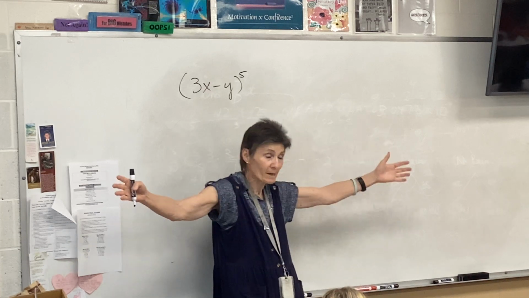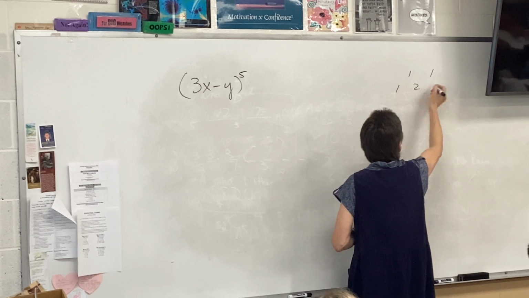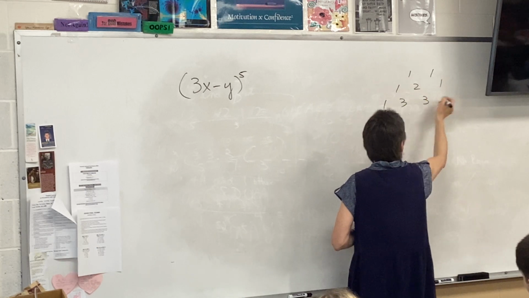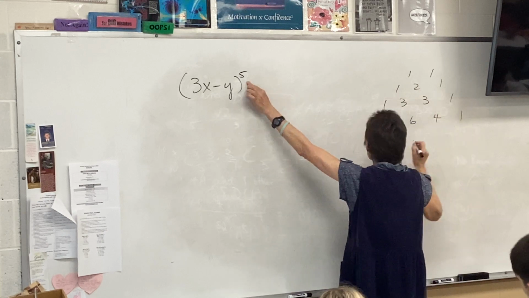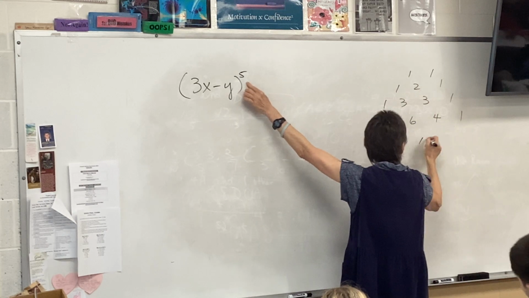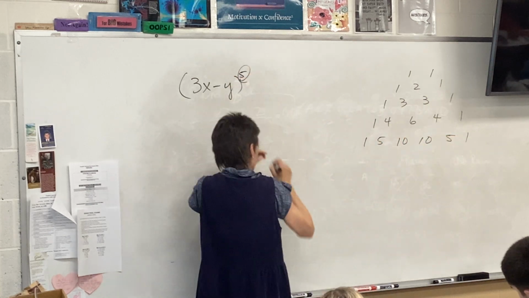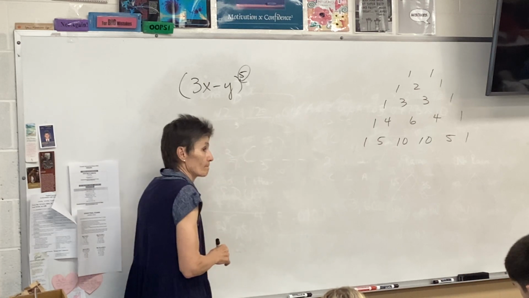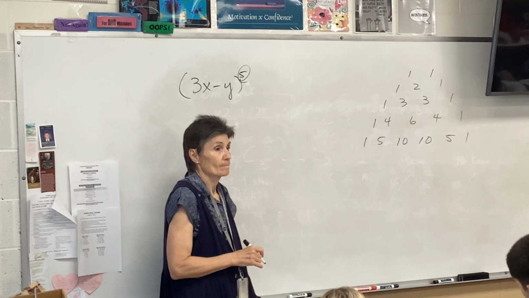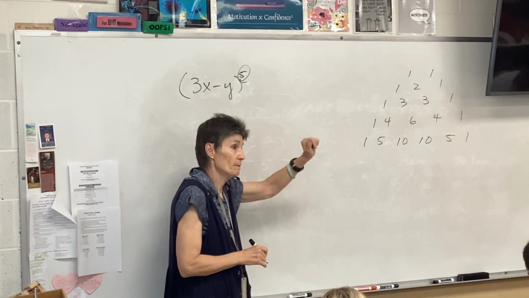We write down what my coefficients are going to be. So my triangle, and I need to go down to the 5th row because of this right here. You gotta be able to build that on your own. If you're gonna use it, you gotta be able to build it.